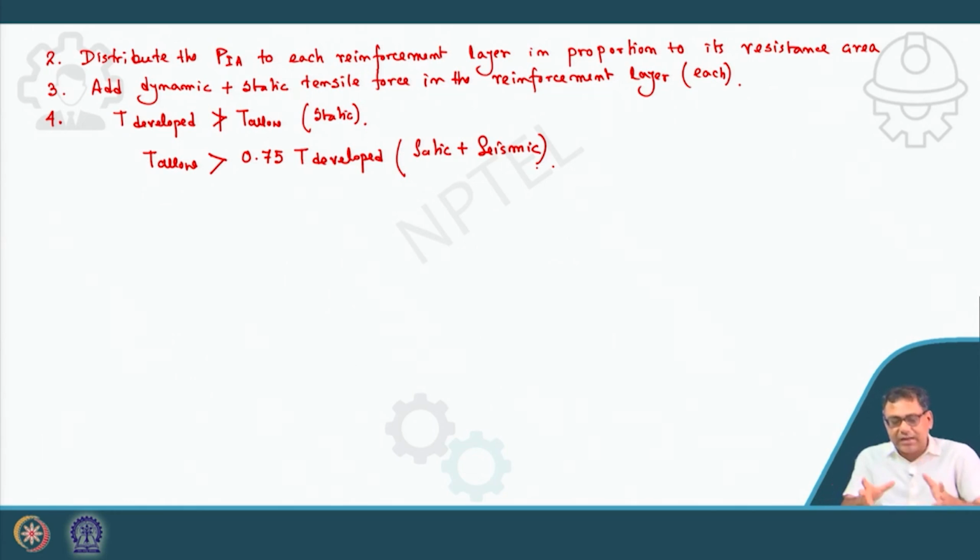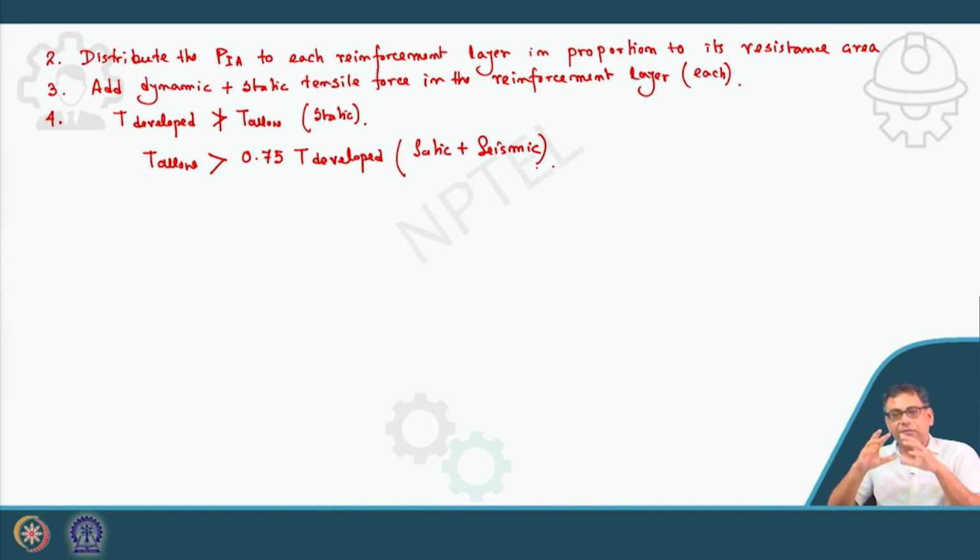So, if it is static, whatever the T developed in the reinforcement layer, that should not be greater than T allowable. That is okay. But if static plus seismic force is considered, then the T developed is reduced, I mean, it is multiplied by 0.75.